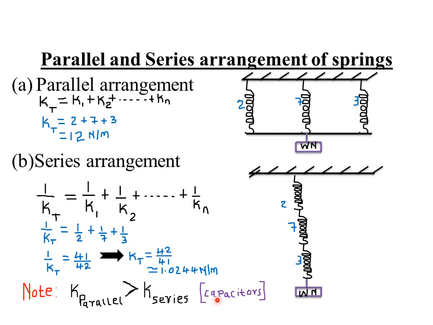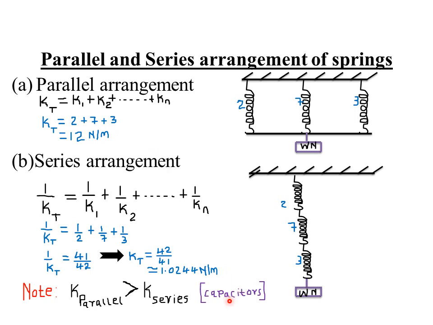So later on, when we look at electrostatics 2 in form 3 work, we will realize that the way of finding the total or the effective spring constant is similar to the way of finding the effective or the total capacitance of capacitors. The way capacitors behave when arranged in parallel is the same way that springs behave.